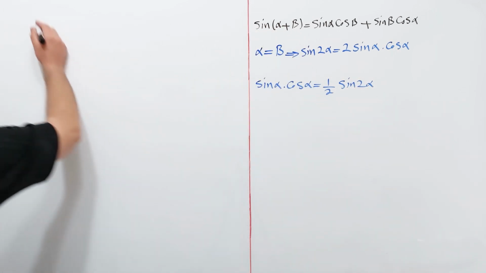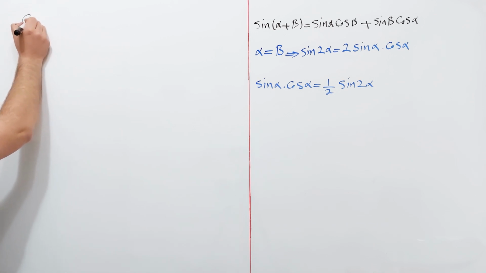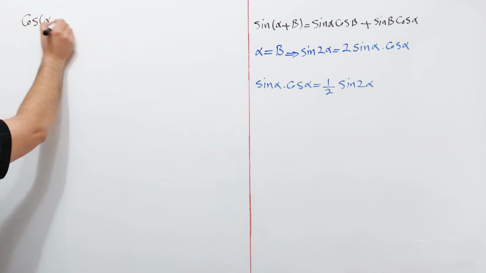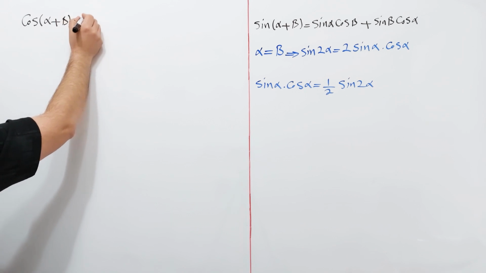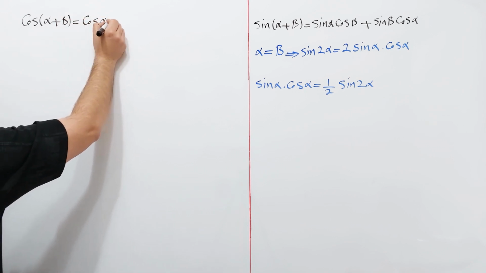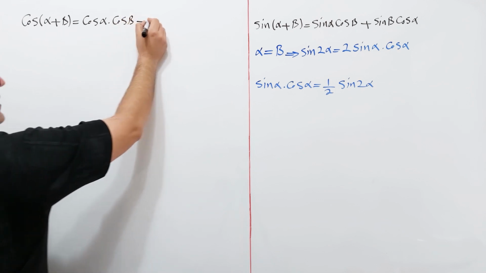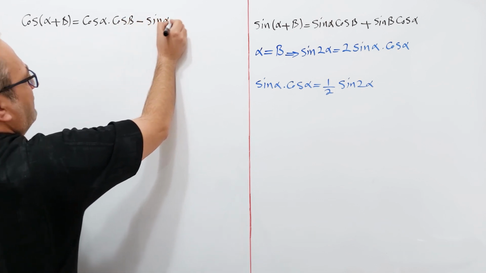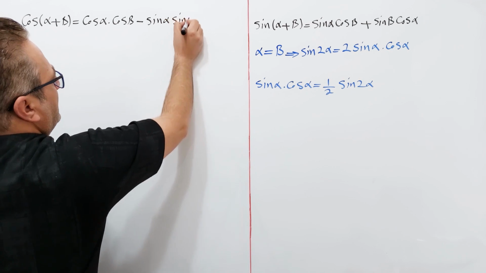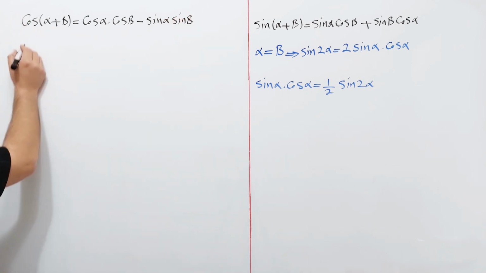Alright. Number 2. We know that cosine of alpha plus beta is equal to cosine alpha times cosine beta minus sine alpha times sine beta. Okay?